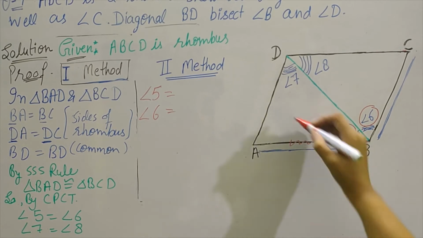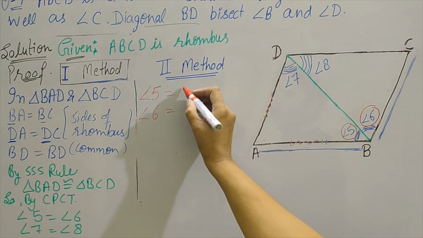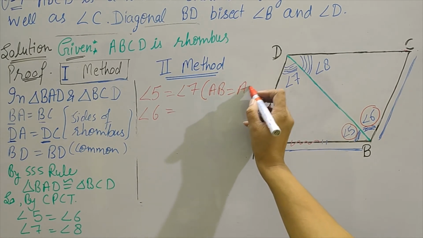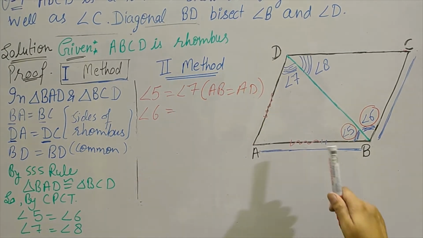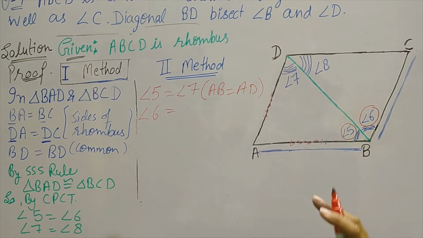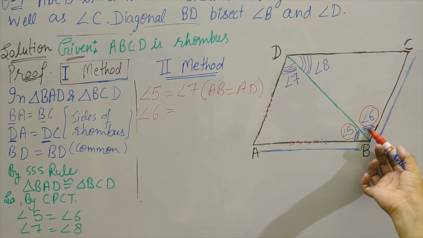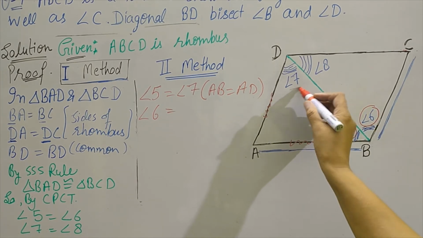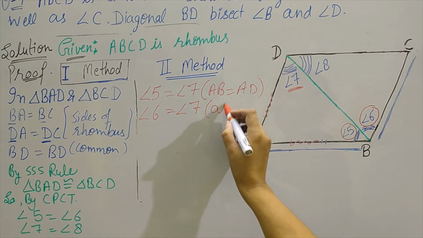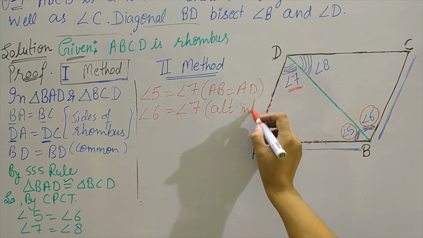Okay, as these sides are equal, angle 5 is equal to angle 7, as AB is equal to AD. Isosceles triangle property we are using. AB is equal to AD, so we can write angle 5 is equal to angle 7. Okay. Now angle 6 also can be written equal to angle 7. Angle 6 is equal to 7, as these are alternate interior angles.